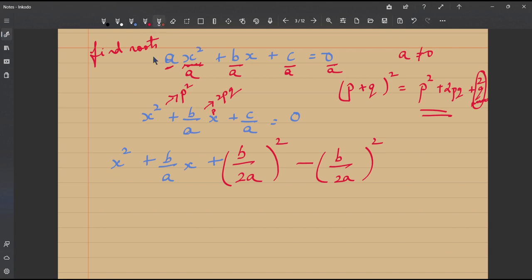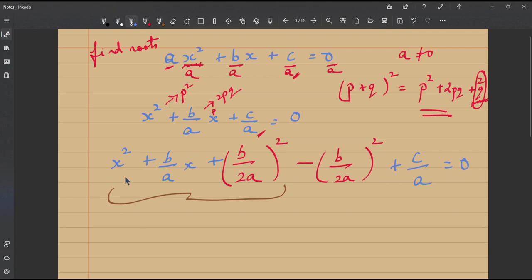What have you achieved? You have 3 terms which can be used for completing the square, isn't it? But after everything, don't forget this c by a, because it was there from the beginning. Don't forget that c by a. So plus c by a is equal to 0.